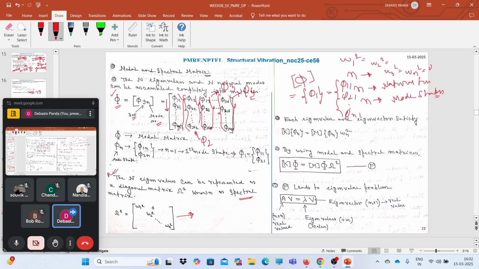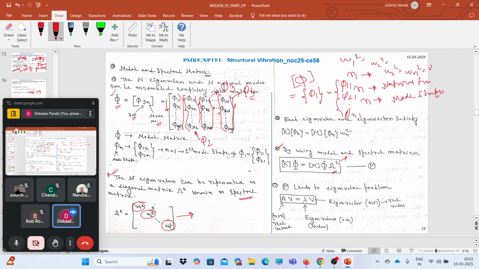The diagonal terms of the spectral matrix are nothing but the corresponding eigenvalues. That means omega 1 square, omega 2 square, omega 3 square. So now using this modal and spectral matrix, we can write the complete equation K phi equals M phi into omega square. What is that omega r square? It's nothing but the spectral matrix.